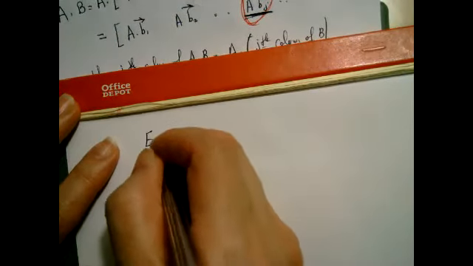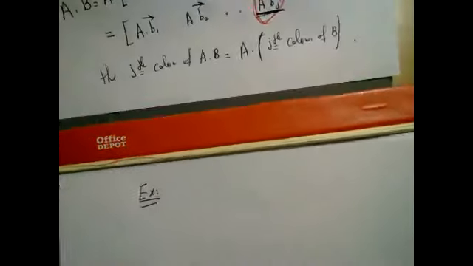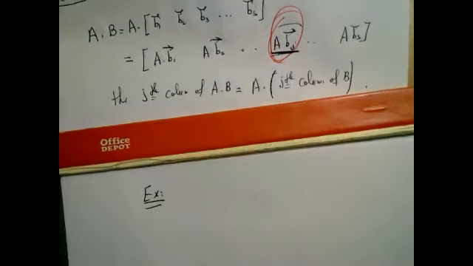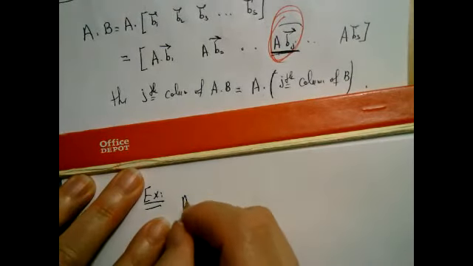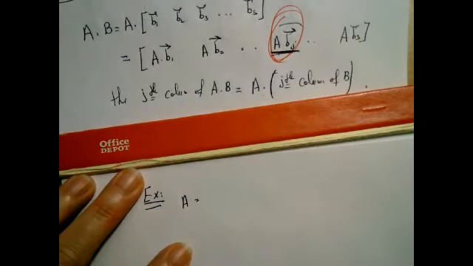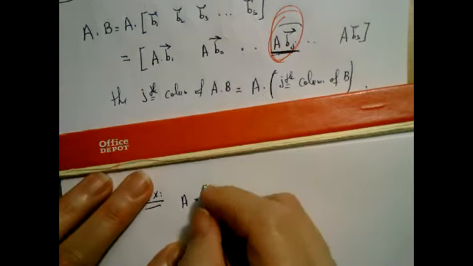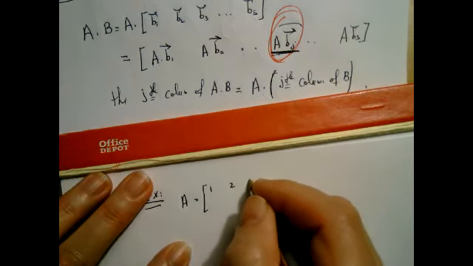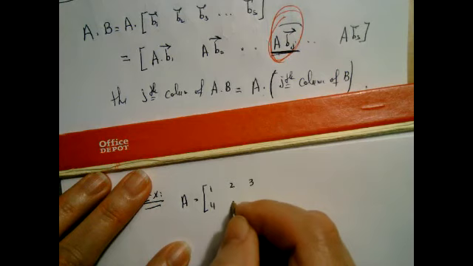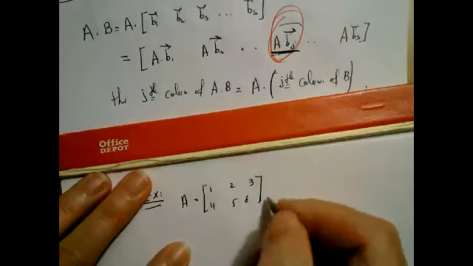So very quickly, suppose I take the following matrix. Okay, so this is the picture. And suppose I take A to be, whatever, 1, 2, 3, 4, 5, 6.